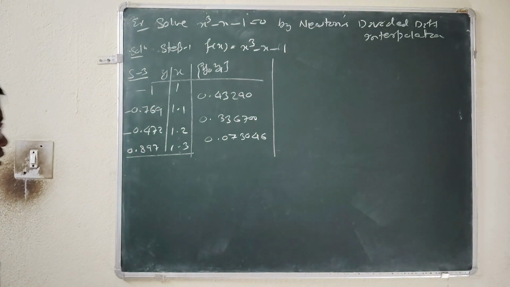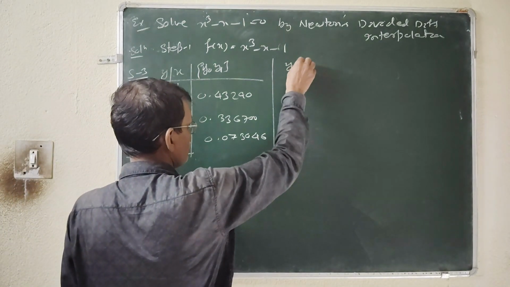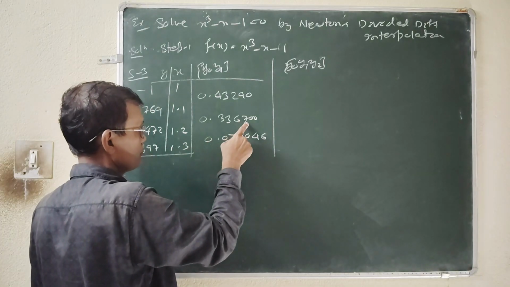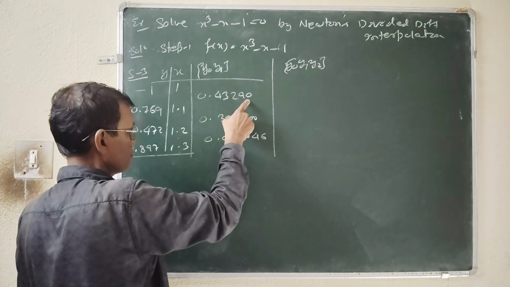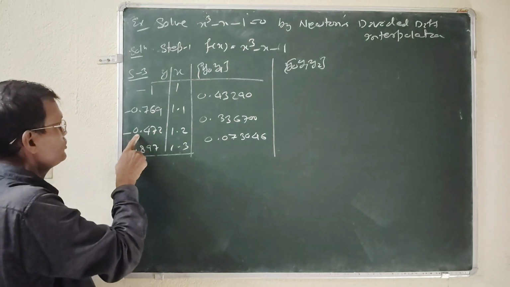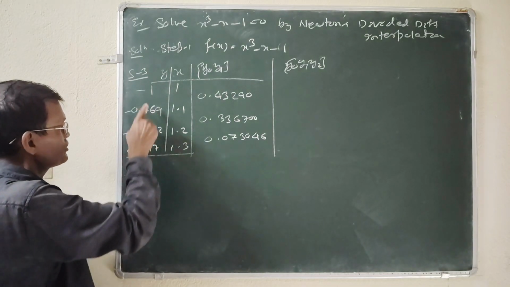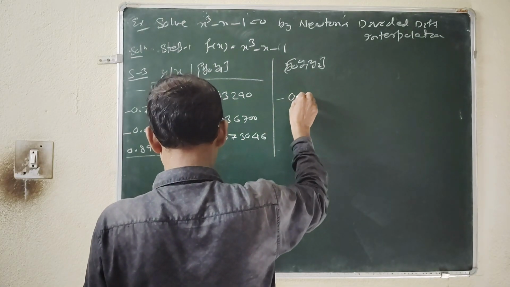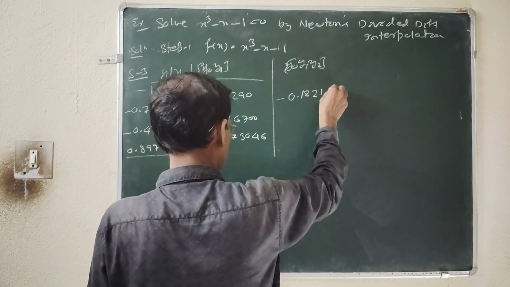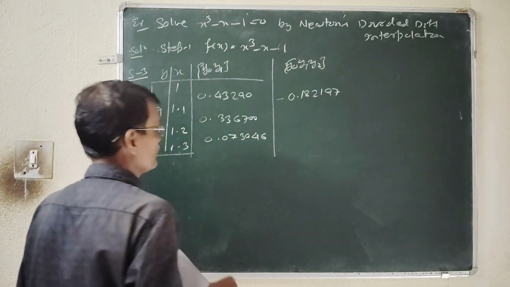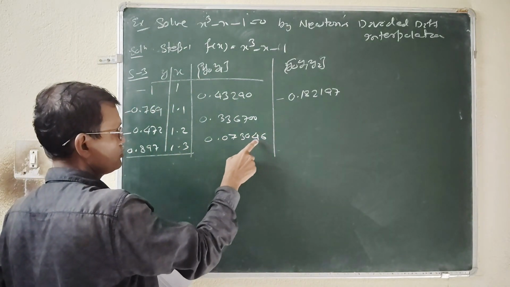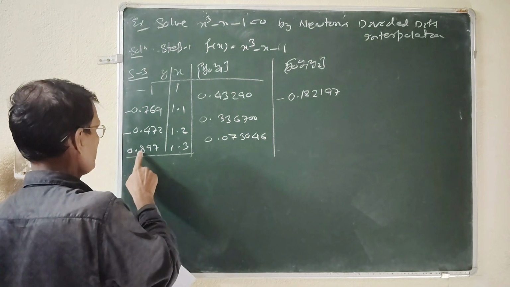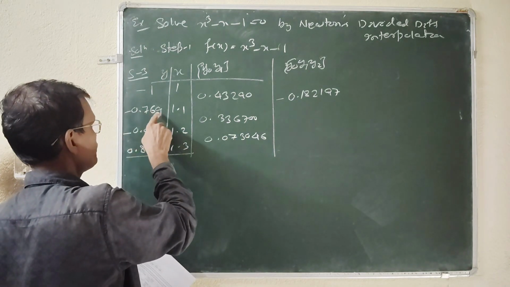Then you find the second order divided difference, that is [y0, y1, y2], means 0.33670 minus 0.43290 divided by minus 0.472 minus minus 1. The result will give us minus 0.182197. Then 0.073046 minus 0.33670 divided by 0.897 minus minus 0.769.